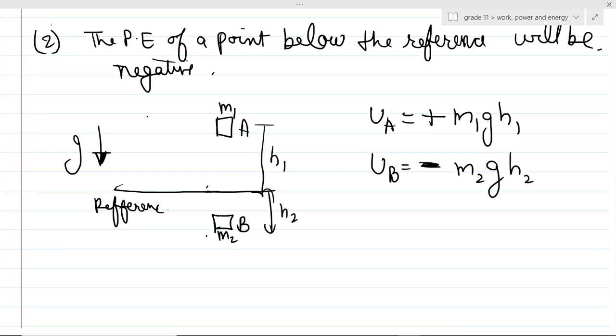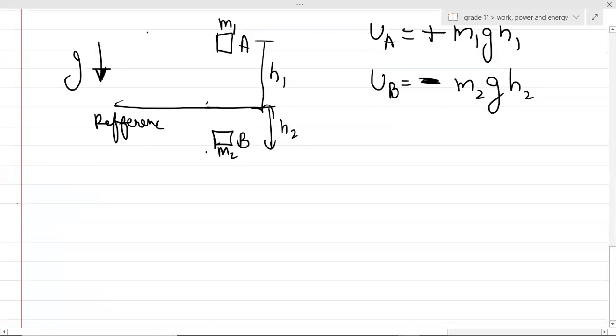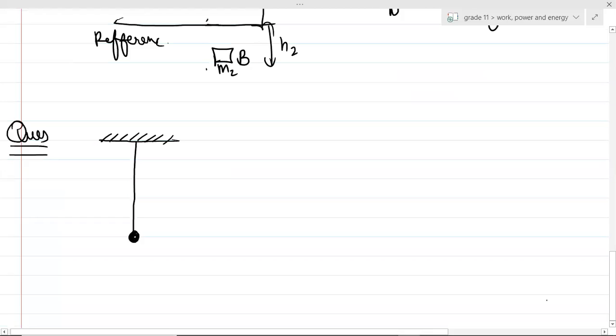Okay, so I'm giving you one more question. Suppose a pendulum bob is like this.